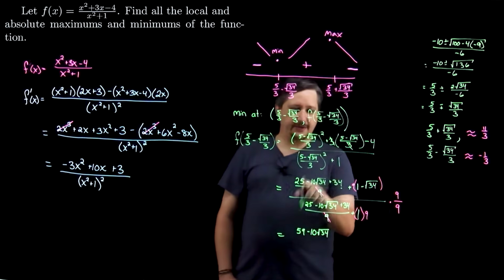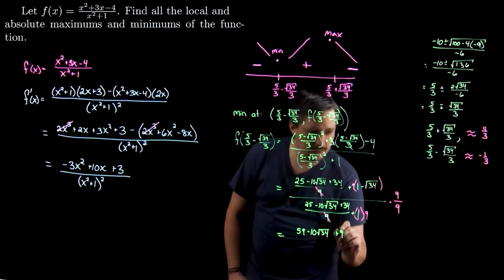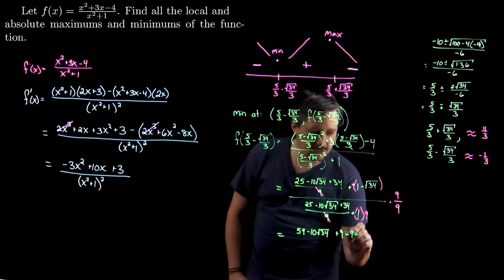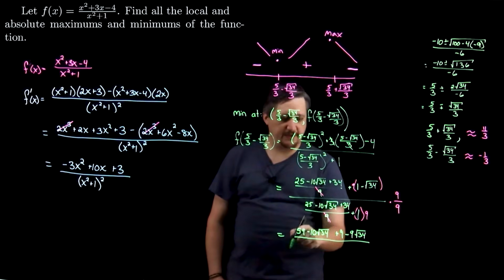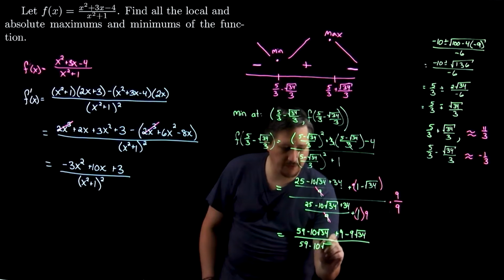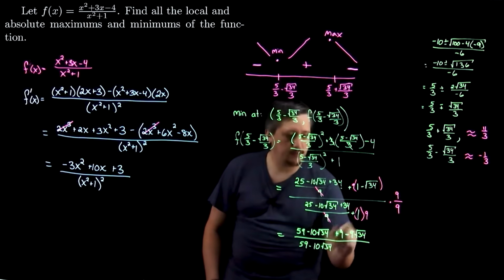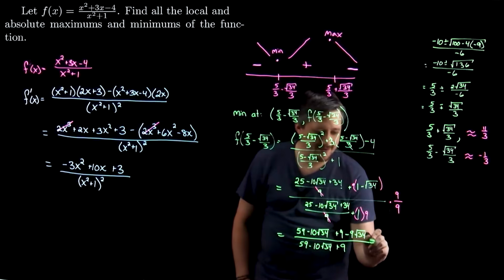So that is this, but then I also have plus 9 minus 9 root 34 over, and then I have the same deal, so 59 minus 10 root 34 plus 9. This is a hideous problem.